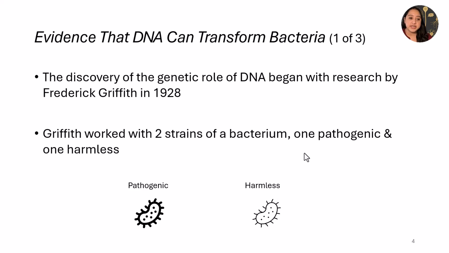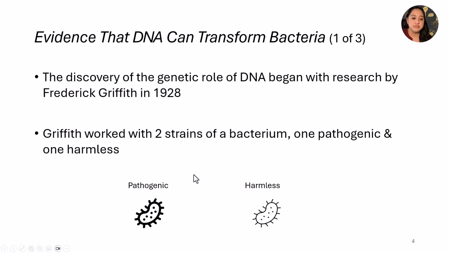Griffith worked with two different strains of bacterium, one pathogenic and one harmless. It was the same species, but different strains. When you talk about bacteria, you refer to them as strains.